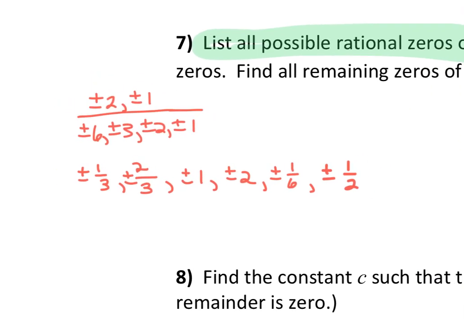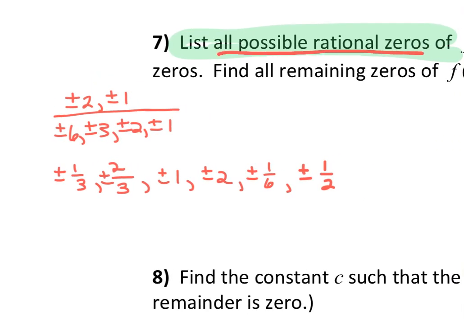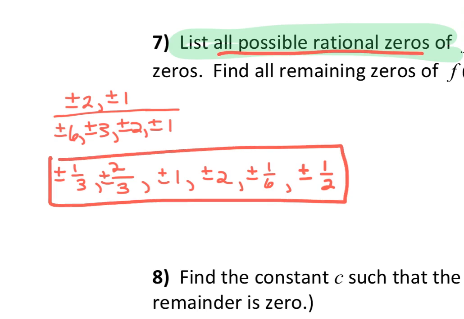So these are all your possible rational zeros, but then you want to look at the graph of the function to decide which ones are actually rational. When you graph that function, I'll pause for a second so you can graph it.